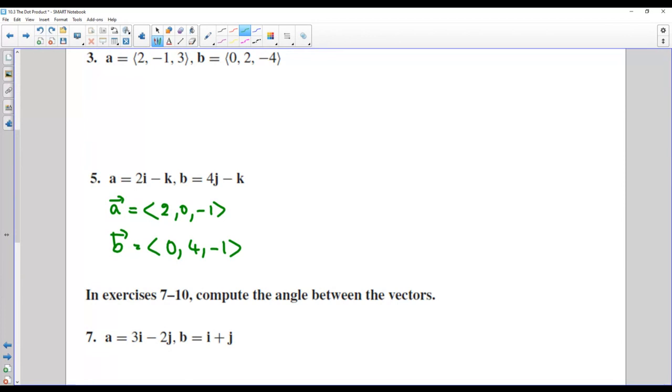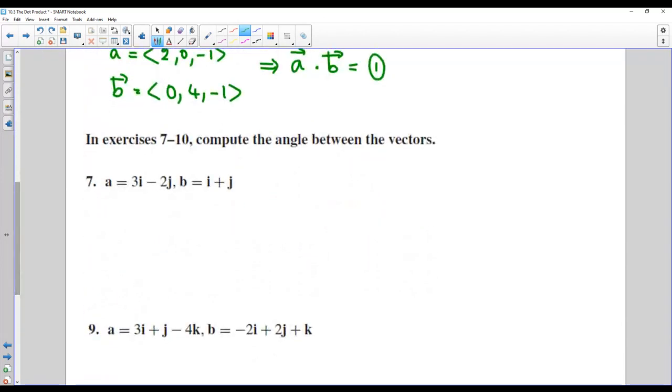So 0, 4, minus 1. Thank you. Okay, good. After that, it's fairly simple to work out the dot product. It's equal to 1. Because the first 2 will give you 0, and then 0, and then 1. Okay, great.